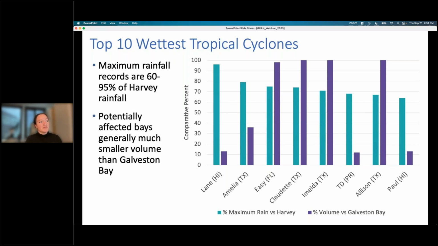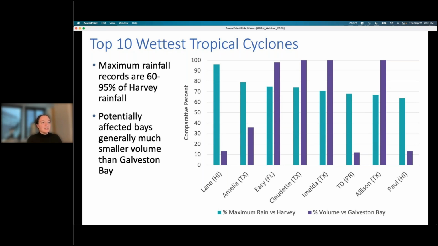While maximum rainfall rates tend to be relatively high compared to Harvey when we look at these tropical storms across the board, most of the bays are actually significantly smaller in volume than Galveston Bay. Therefore, it is possible that some of the responses we've seen in Galveston Bay may be similar or even more significant in some of these smaller bay ecosystems that have been impacted by high rainfall tropical cyclone events.